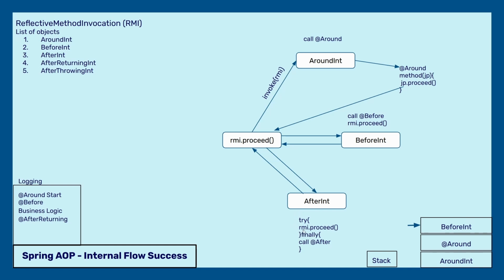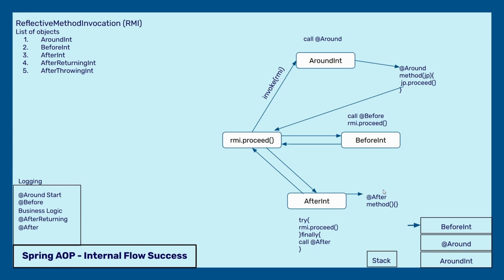Now the after interceptor's proceed is completed. So the finally block should be executed now in the invoke method. Finally block calls the advice of after. So our after advice is called, and within this after advice we printed @after, and that is going to be visible in our logs.